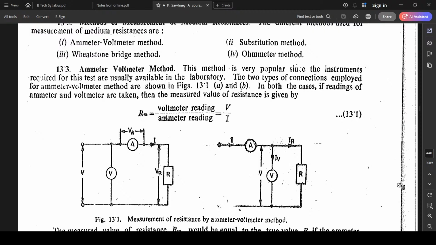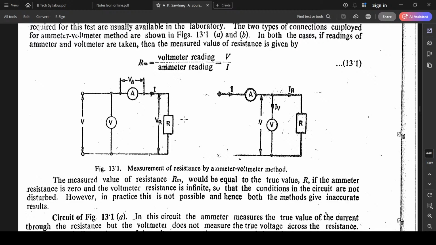Yes, we can say so. The AV connections can be shunt and series, or you can say parallel and series. In both cases, it's V by I. This one is series, and this one is parallel.